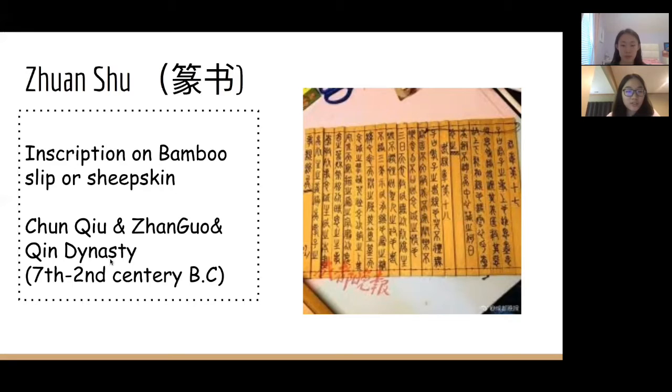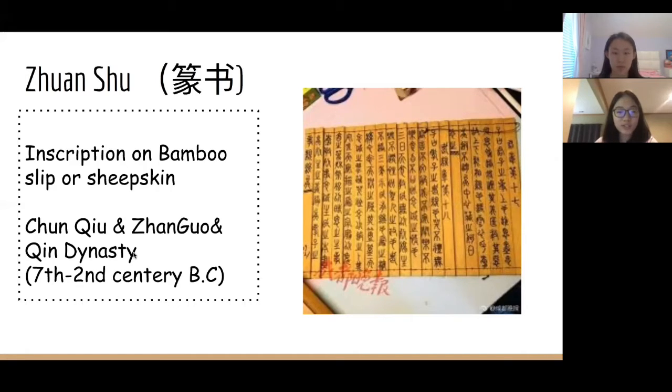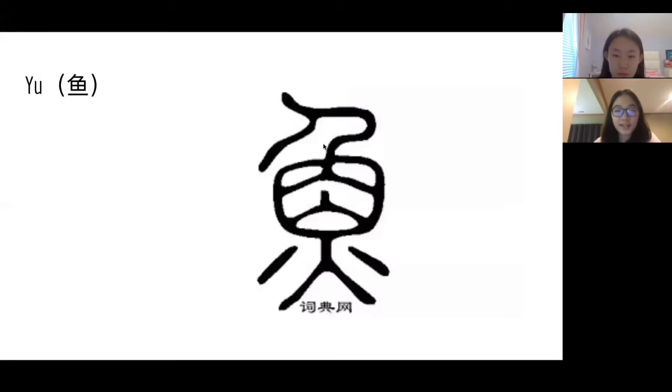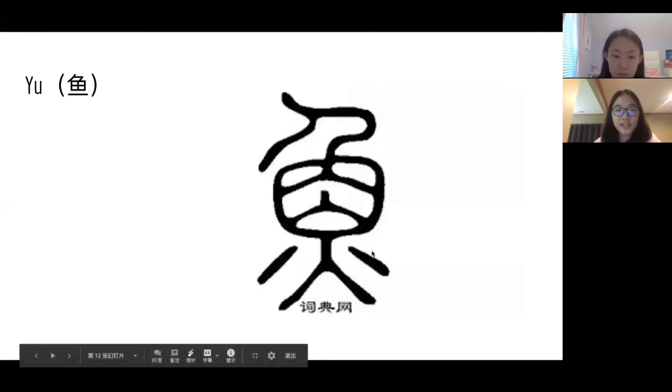At that time, people used different Chinese characters, so it was very difficult to communicate between countries. After Qin, the king of Qin unified all the countries. He also unified the Chinese characters to Zhuanshu so that people could easily communicate. And that's what Yu looks like in Zhuanshu.